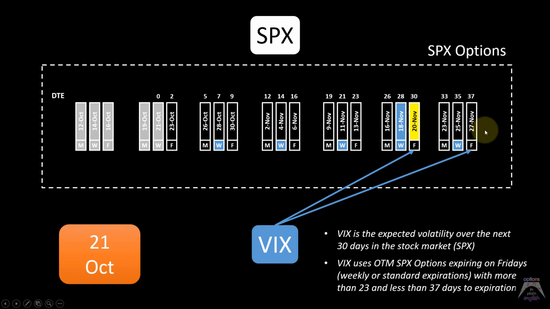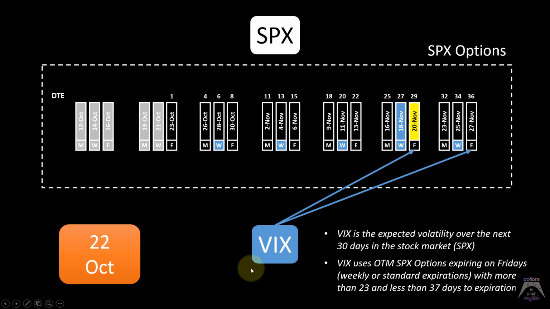And those are going to be interpolated to get the value that we want for VXX, UVXY, SVXY, and whatever ETP you want for VIX. Okay, so this is the Wednesday, the rest of the day. Typical, easy to understand, same VIX.